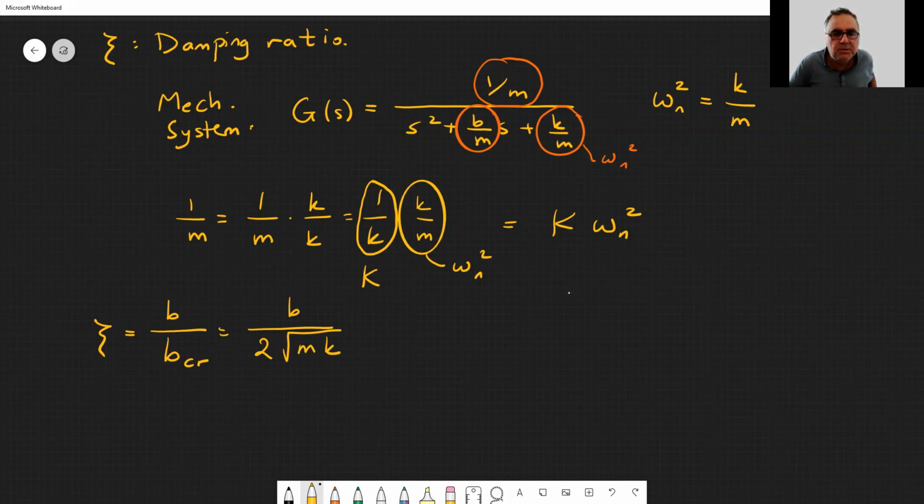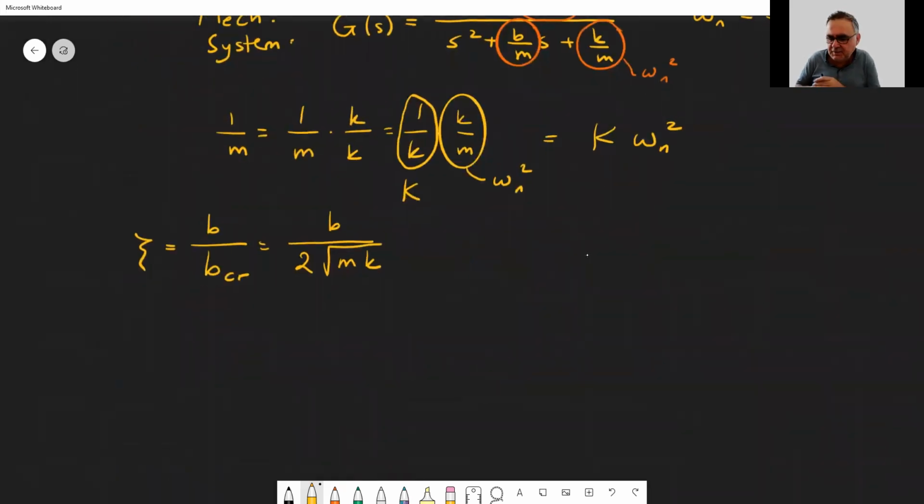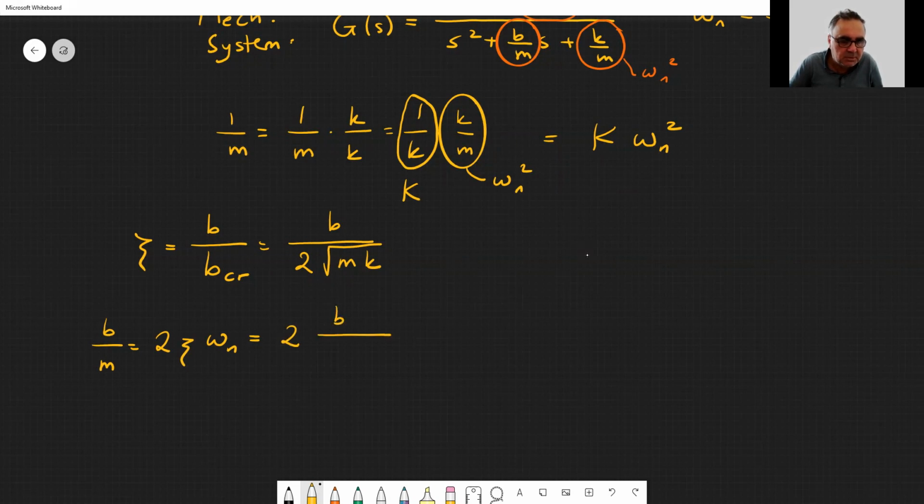As we know, this B over M above, we define it as 2 zeta omega n. B over M is equal to 2 times zeta times omega n, which is equal to B over 2 root mk, times omega n. Omega n was root k over m.